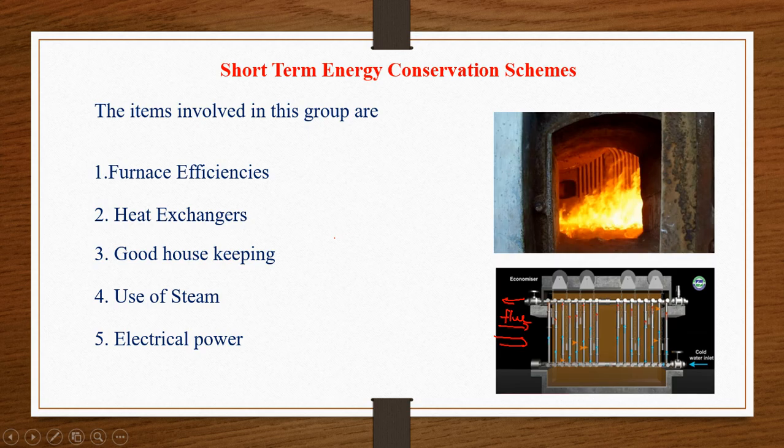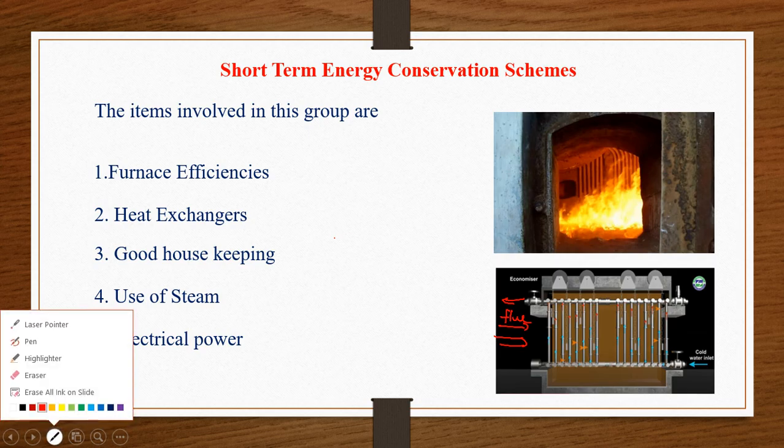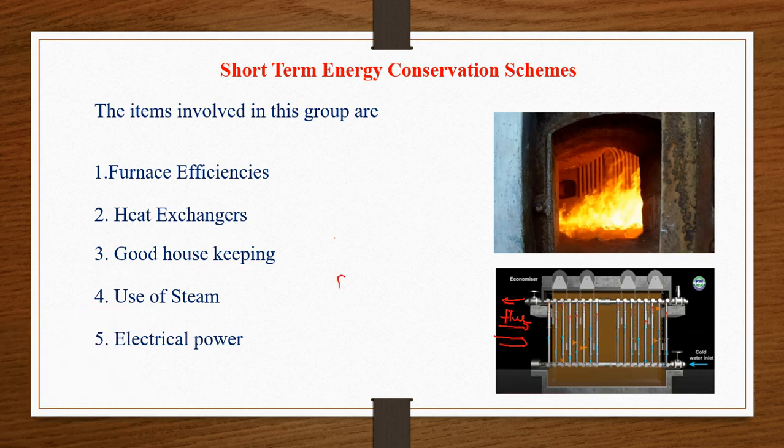And not only that, suppose in the industry some pumps are required to pump water. If they need two pumps to pump the water from one tank to the other tank, then instead of using these pumps, you can use the gravity method.